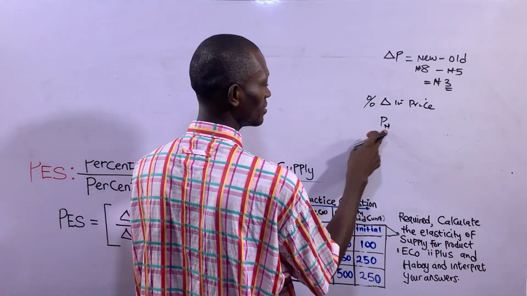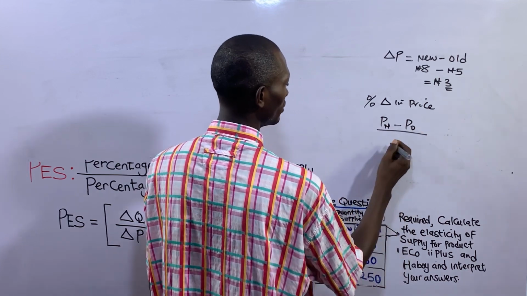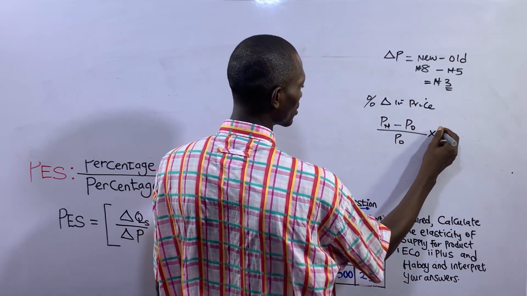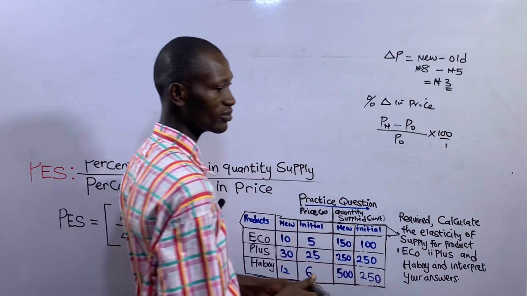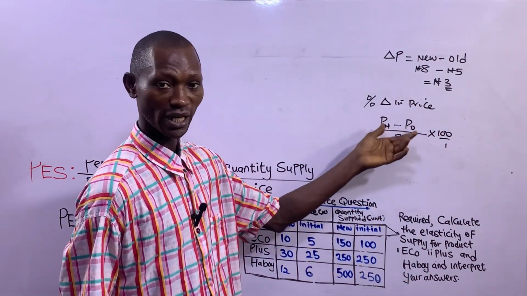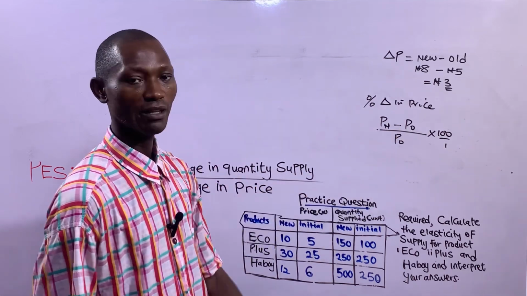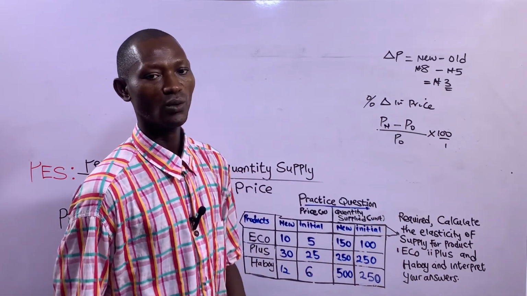P N is new price, so new price minus the old price, then divided by old price times 100 over 1. So this is how to measure percentage change in any variable, and price in this respect. New price minus old price divided by old price times 100 over 1.